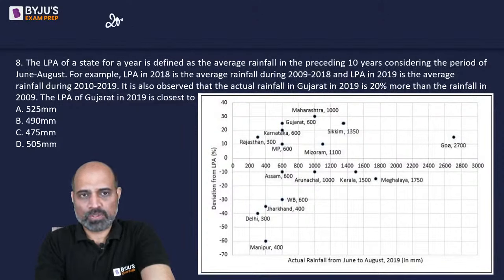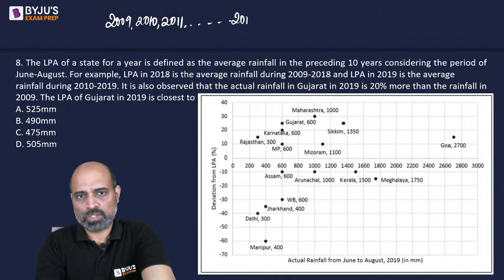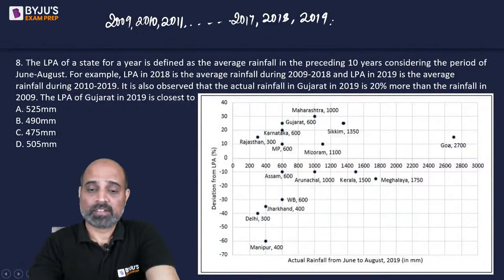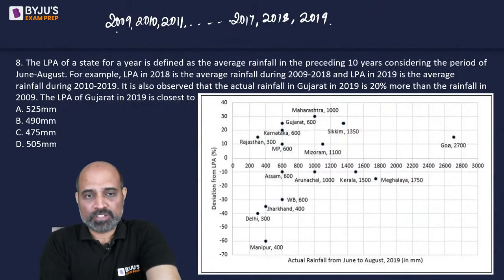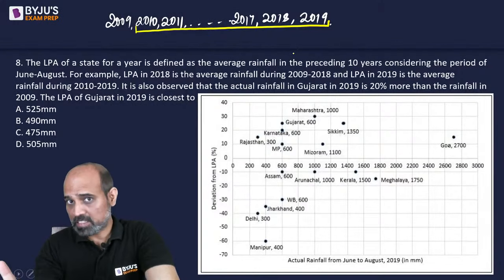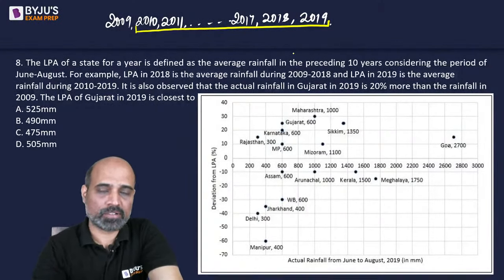तो देखो 2009, 2010, 2011 and so on, 2017, 2018, 2019, right? These are the 11 years. ये 11 साल है इधर. If we pay attention, so 2010 से 2019 ये 10 years का group है.